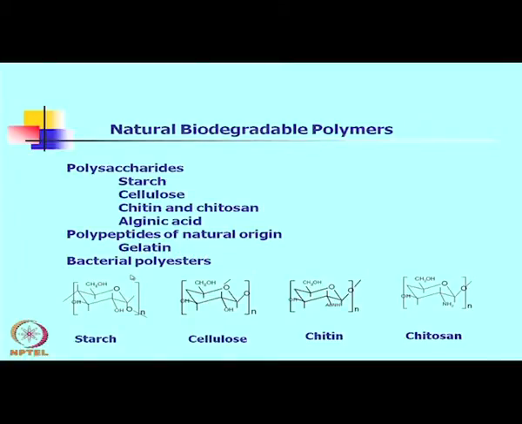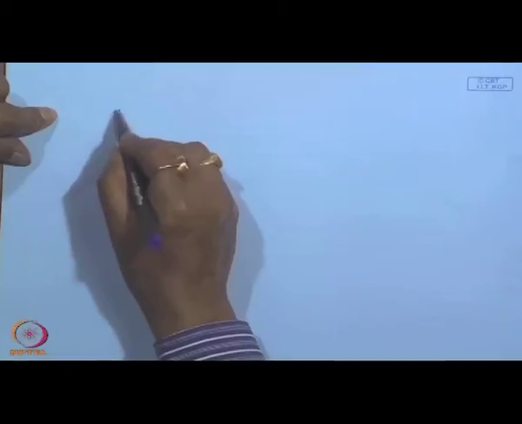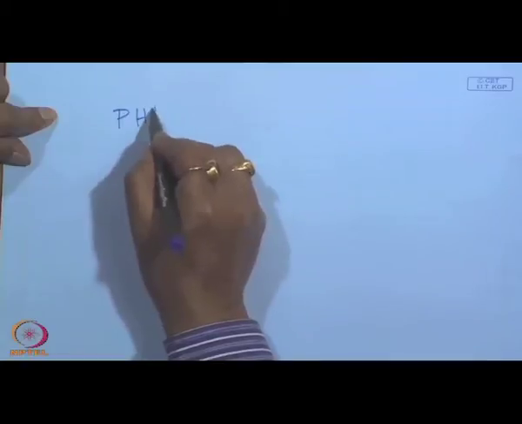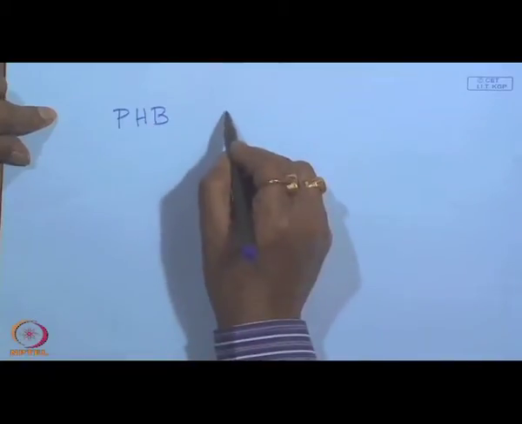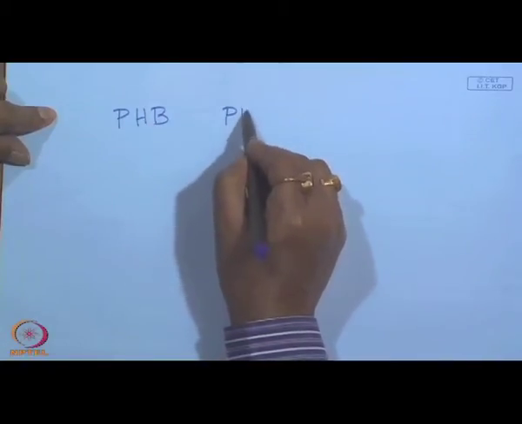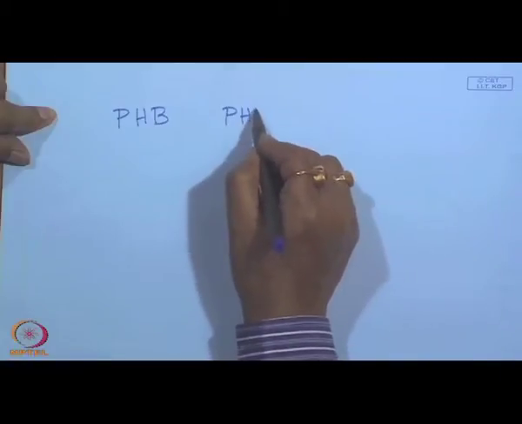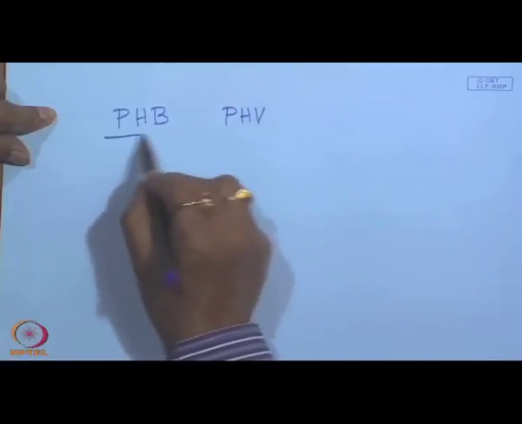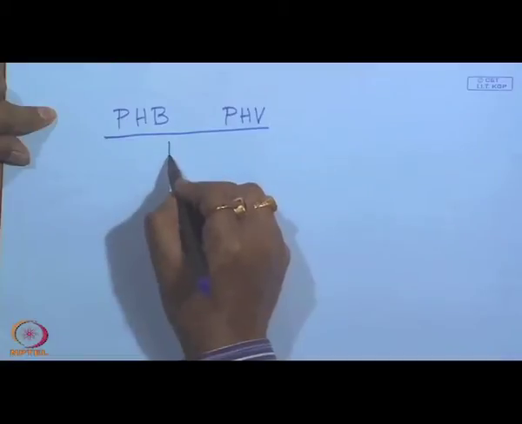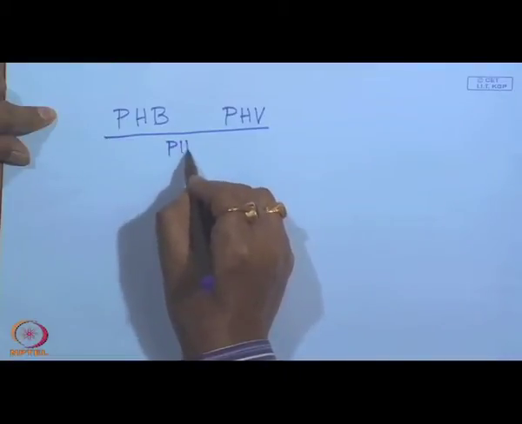Now, bacteria also produces polymers known as bacterial polyesters, say polyhydroxybutyrate, or polyhydroxyvalerate. In general, these polymers are known as polyhydroxyalkanoates.